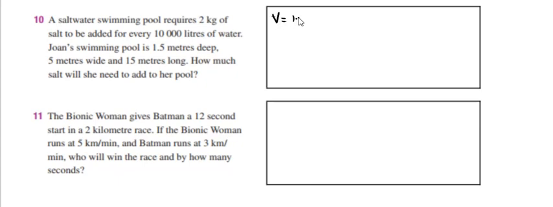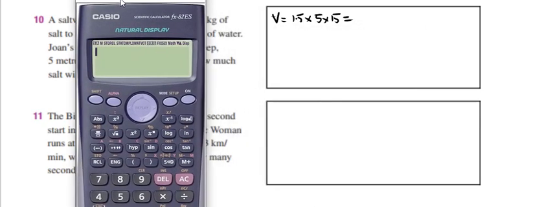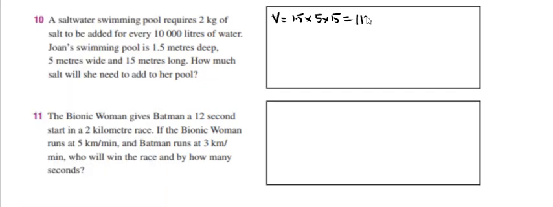Volume equals 1.5 by 5 by 15 equals, let's grab our calculator and move that over here, and we have got 1.5 times 5 times 15 equals 112.5 cubic meters. 112.5 cubic meters.